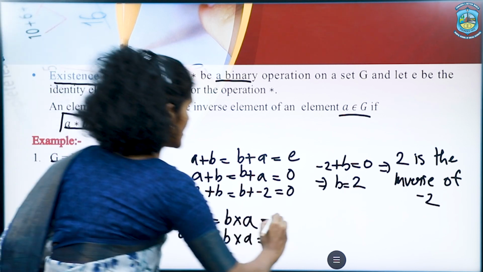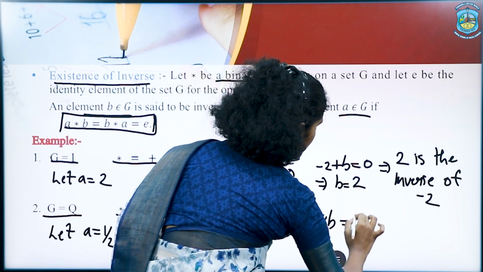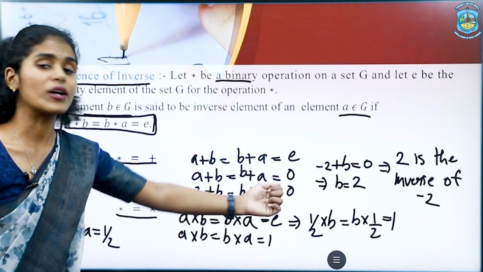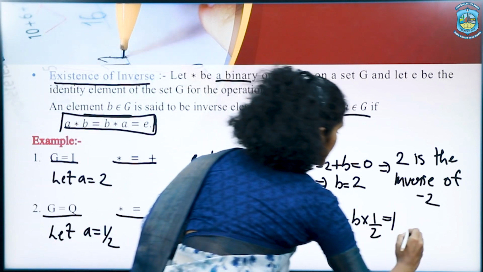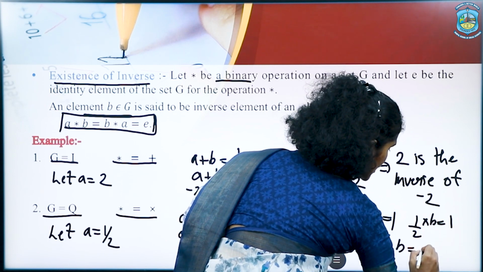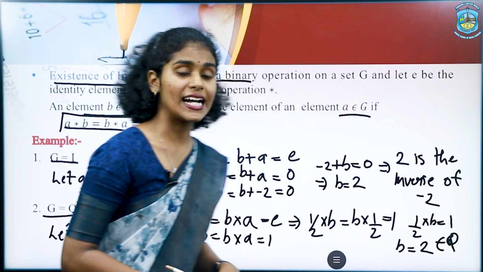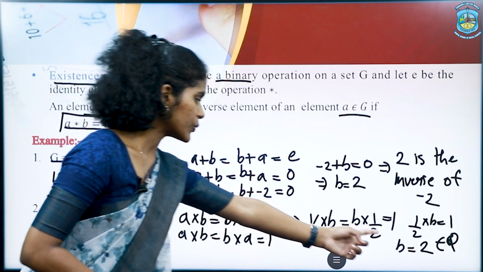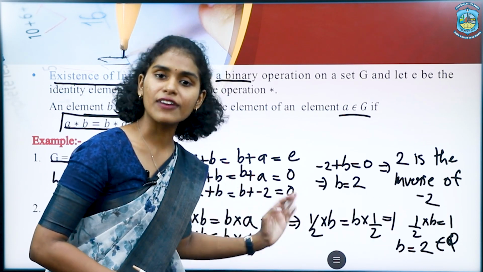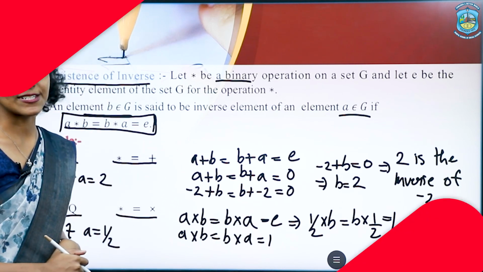So I can write this as 1 by 2 into B equal to B into 1 by 2 equal to 1. What is the value of B? 1 by 2 into B is equal to 1 implies B equal to 2, which is a rational number. So we can say that 1 by 2 has an inverse element, that is 2, or 2 is the inverse element of 1 by 2. So, in both the cases inverse element exists.